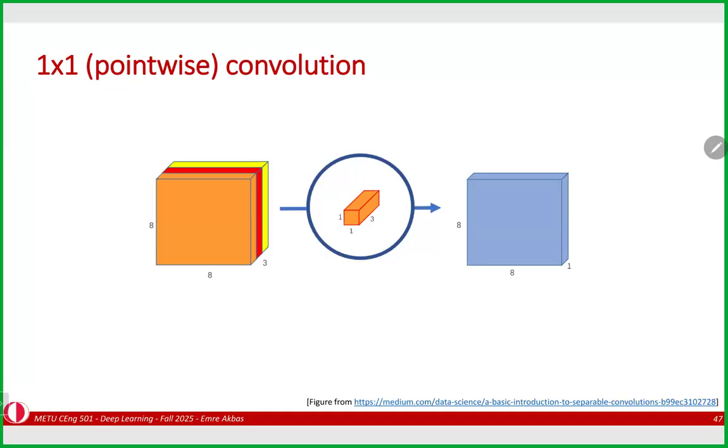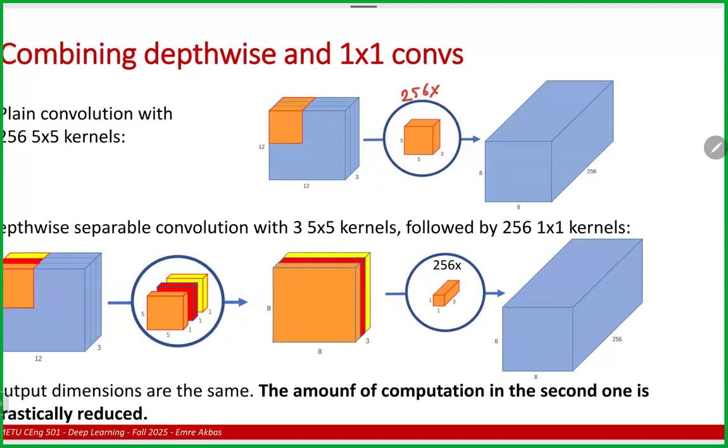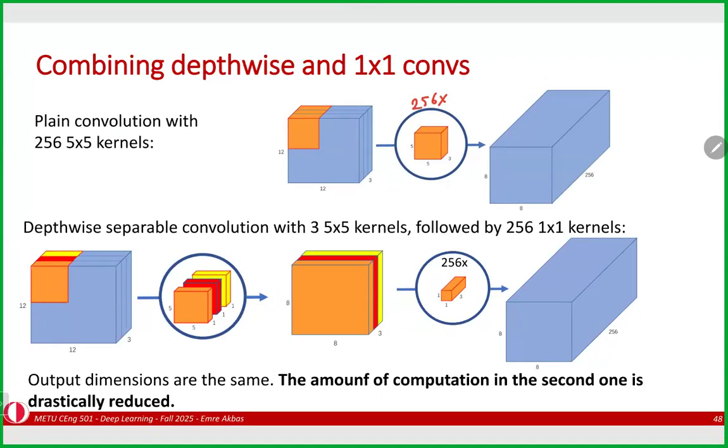Now let's combine depth-wise and 1 by 1. So it's in the bottom part, but let's look at the upper parts first. We have a 12 by 12 by 3 image, and we are convolving this with 5 by 5 by 3 kernels and 256 of them. I forgot to write it here. Okay. And then this gives us an 8 by 8 by 256 output.